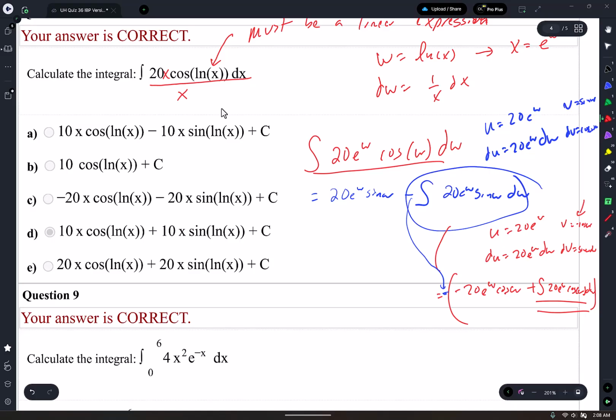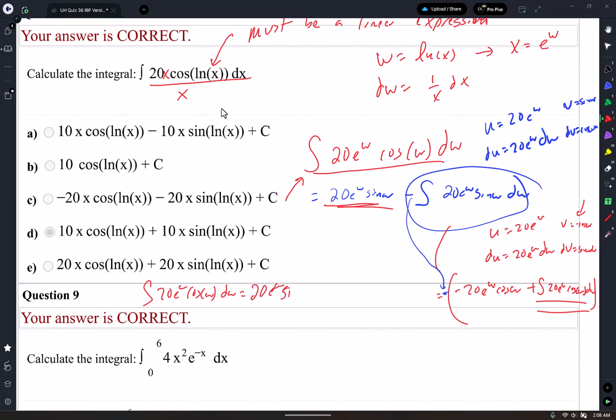So this expression right here, integral 20 e to the w cosine w dw, is nothing more than, let's see, this one here first, 20 e to the w sine w plus, because I had to distribute this, plus 20 e to the w cosine w, and then minus integral 20 e to the w cosine w dw.